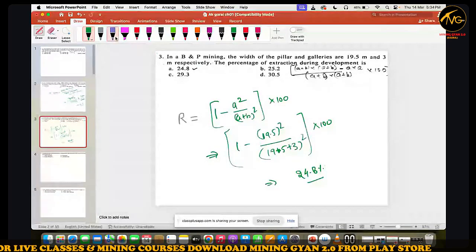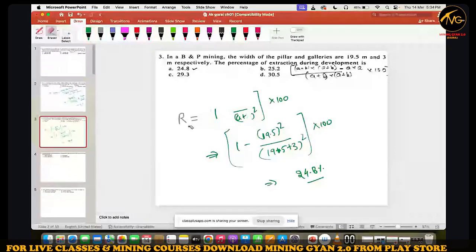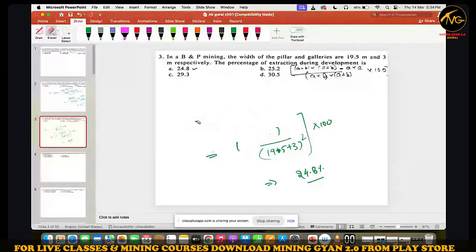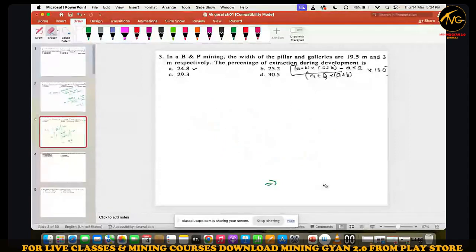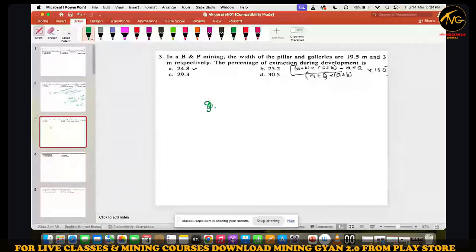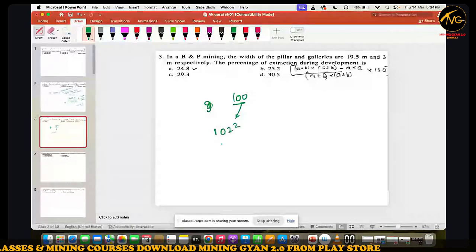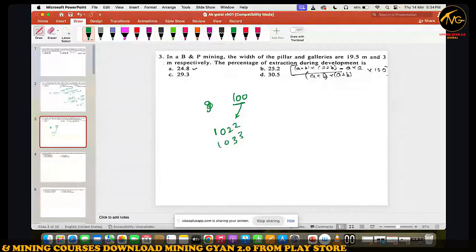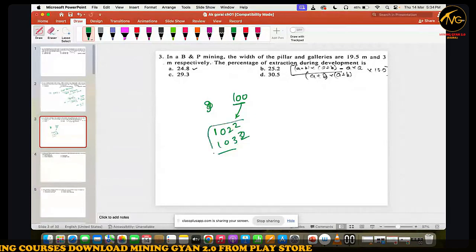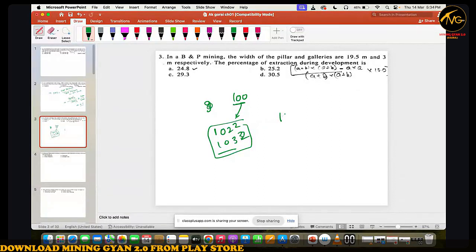Okay. Should I tell you some concept? I do not have too much time. If you want squares near 100, like 102 square, 103 square, you can find them by a method.